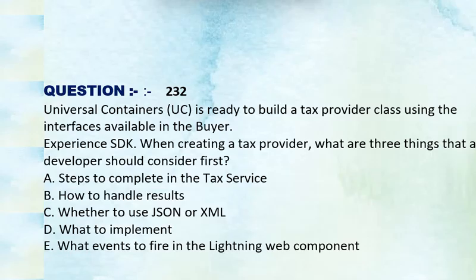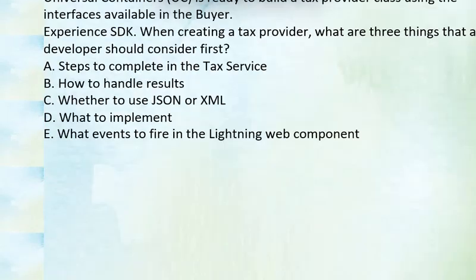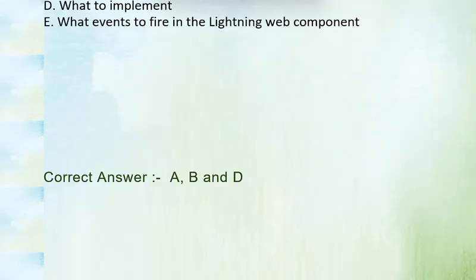Option B, how to handle results. Option C, whether to use JSON or XML. Option D, what to implement. Option E, what events to fire in the Lightning Web component. Correct answer is option A, B and option D.